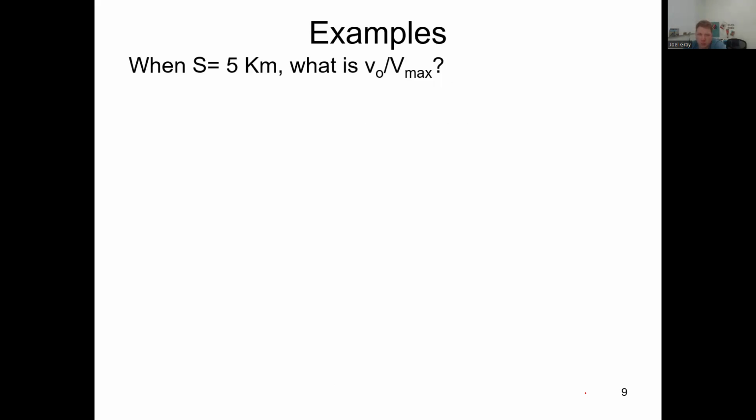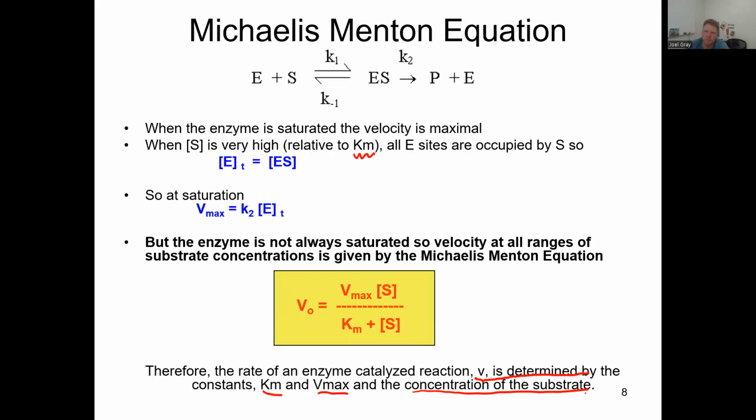To use this equation, this Michaelis, okay, I'm going to go off a little bit and give you the explanation as to what a Km is. The Km is a couple of things.